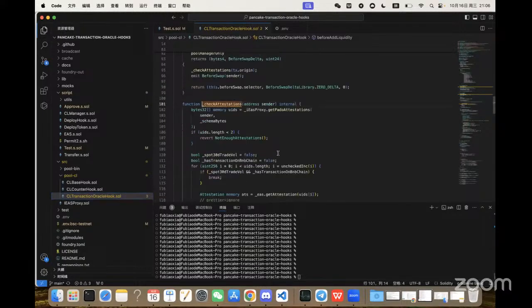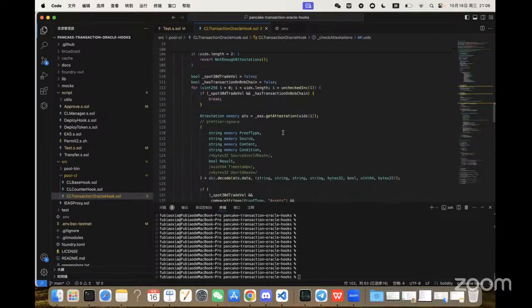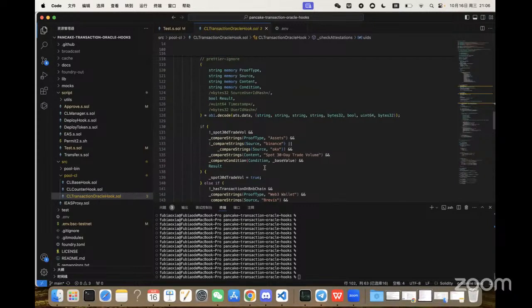If you go to the details of that function, it just does simple checks, like whether it can get the attestations, two in number. I must have one on-chain attestation, which proves I have made some previous transaction on the BNB chain, and a ZK proof generated by the previous framework. And I also want another attestation, to make sure I did some spot trading.